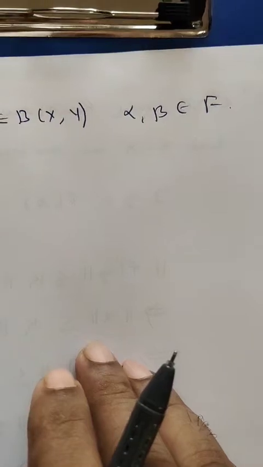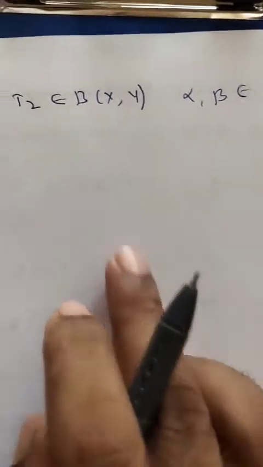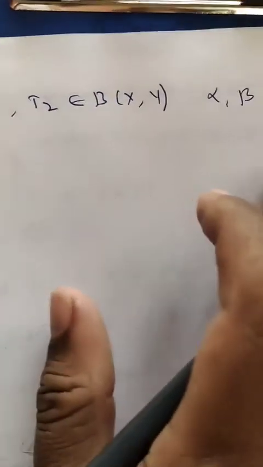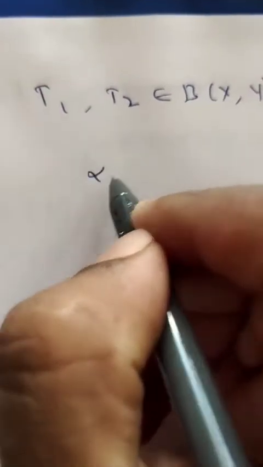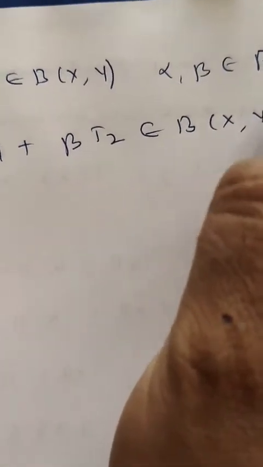For this, subspace means what? You take any two elements T1, T2 belonging to B(X,Y), and alpha, beta any scalars in F. Now T1, T2 belong to B(X,Y), and what you have to show is that alpha T1 plus beta T2 belongs to B(X,Y); then only it will be a subspace.